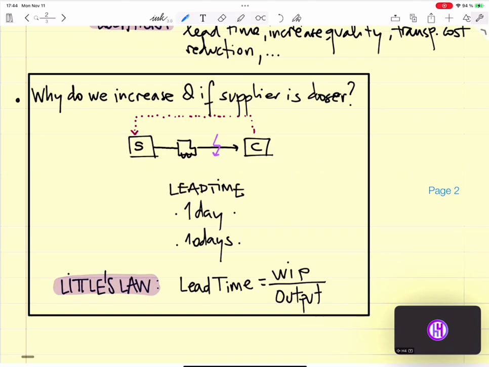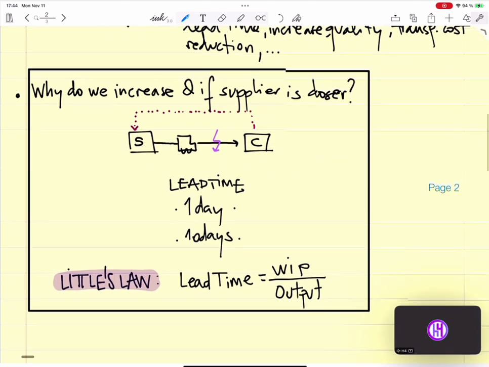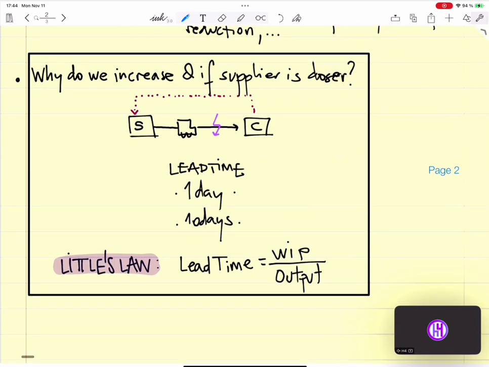Good. So, once we have clarified these criteria, an organization can create a supplier scoring system. Okay?